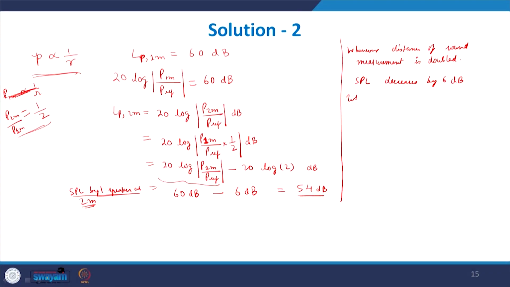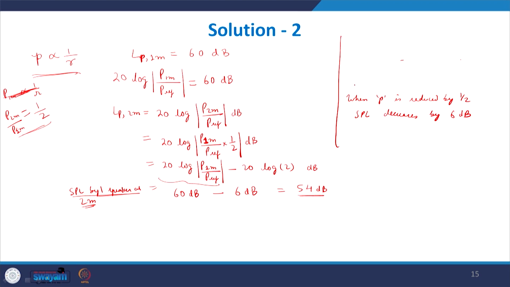When P is reduced by half, SPL decreases by 6 dB. This is a more correct way of saying this. So this is the first observation. Whenever the acoustic pressure reduces by half, the SPL decreases by 6 dB. SPL does not reduce by half, it reduces by 6 dB. So we have obtained this.